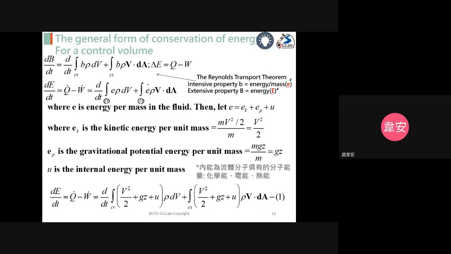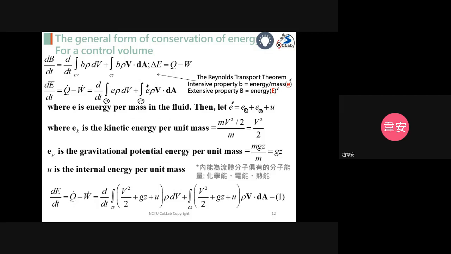So what is the small e here? It is the energy per unit mass in the fluid. We know that e includes kinetic energy, potential energy, and finally internal energy. Kinetic energy is equal to V squared over 2, and potential energy is equal to g, gravity, multiplied by elevation.